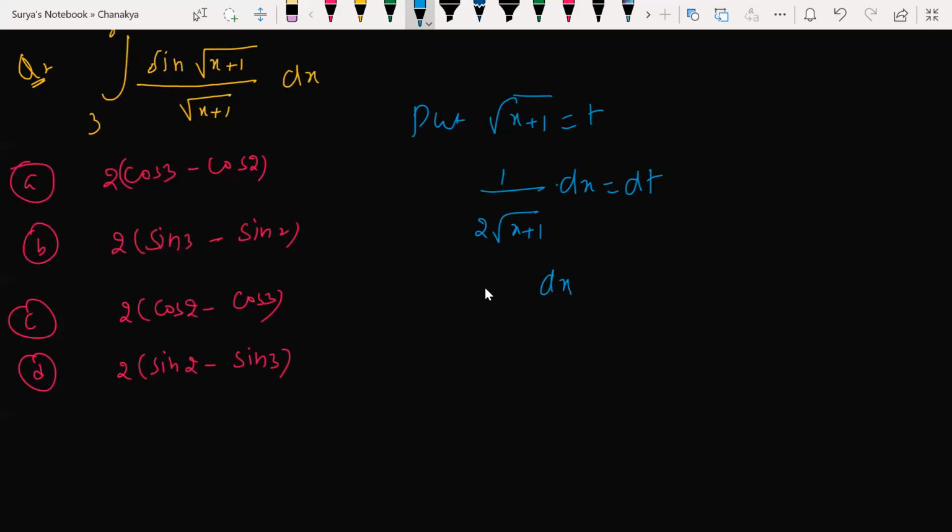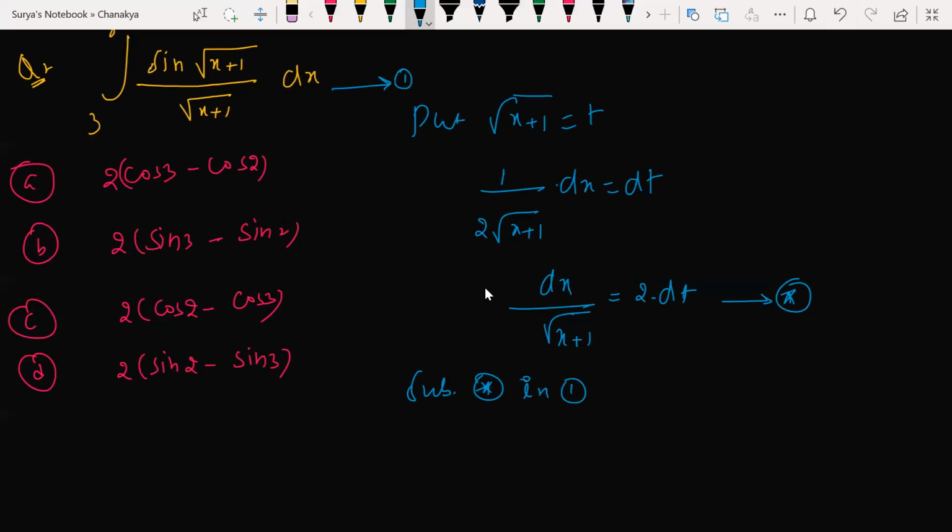So dx by square root of x is 2 times dt. Let us consider this as the first equation, and this as the star equation. Substituting star in 1.